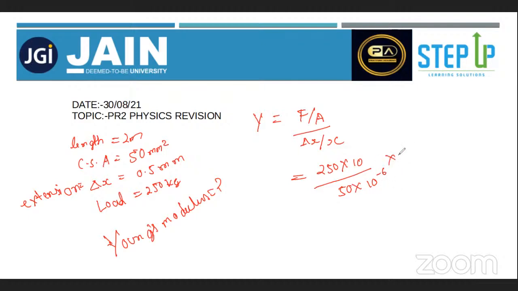Then delta x by x, where L is 2 meters and delta x is 0.5, so 0.5 into 10 raised to minus 3. Only this much is there. This is what will be Young's modulus.